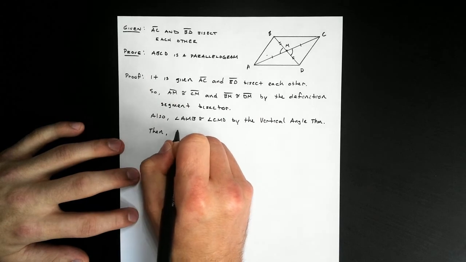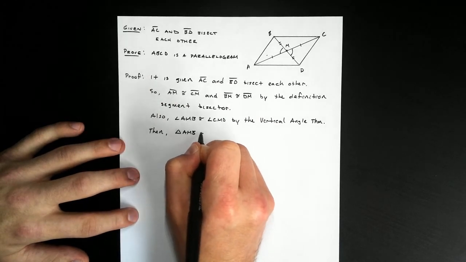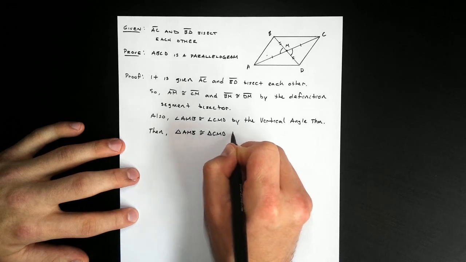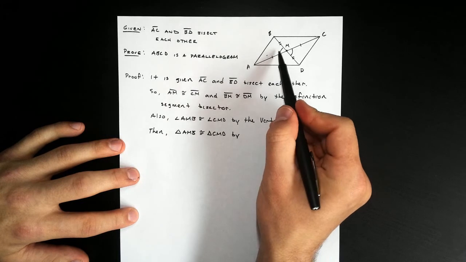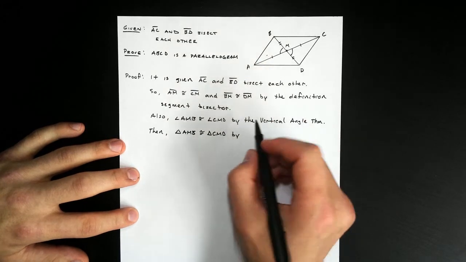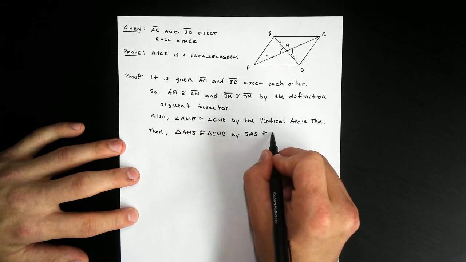So then, triangle AMB is congruent to triangle CMD. And looking at the way that we have this information, a side, angle in the middle, and another side, so the side, angle, side congruence theorem.